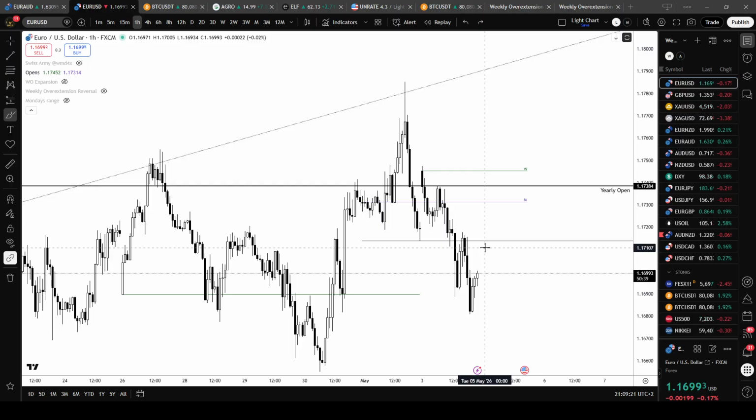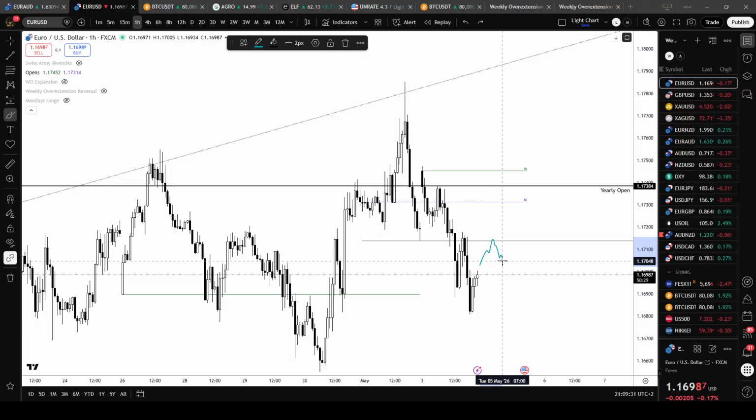What I would do is just really let price develop, right? So if we see some rejection from here, maybe you can ape in, go short.